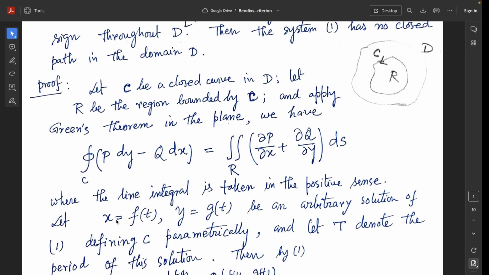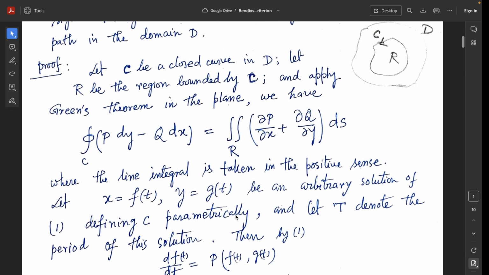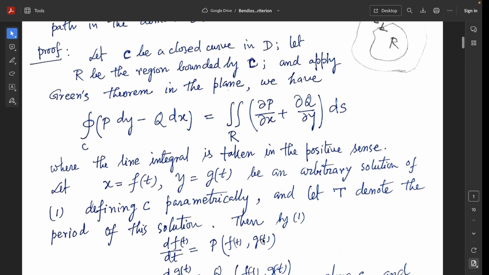Let x equals f(t) and y equals g(t) be an arbitrary solution of the autonomous system 1, defining the curve C parametrically. So x equals f(t) and y equals g(t) represents the trajectory C of the system 1 parametrically.